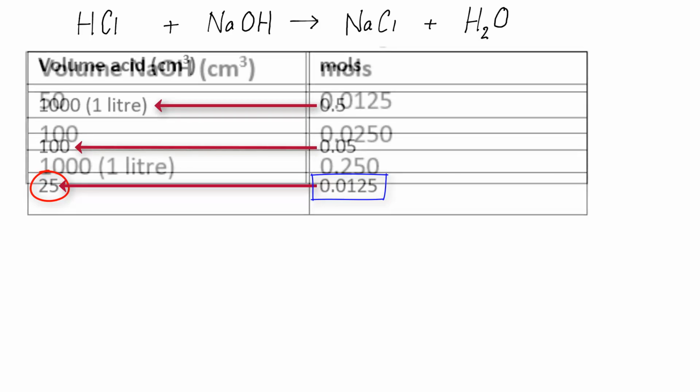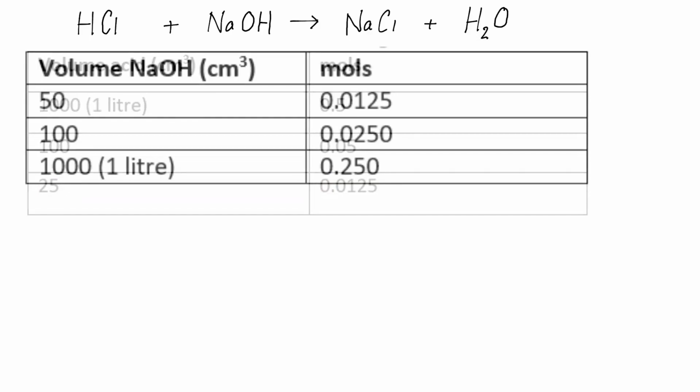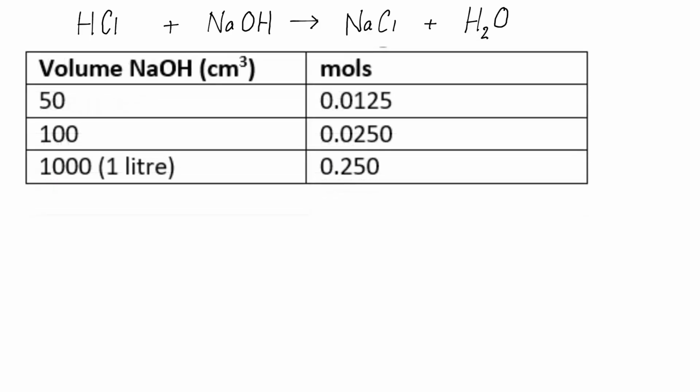Let's do another table, this time for the sodium hydroxide using this information. From this data, you can see that the concentration of sodium hydroxide is 0.25 moles per 1000 cubic centimetres, or 0.25 moles per litre. Why?